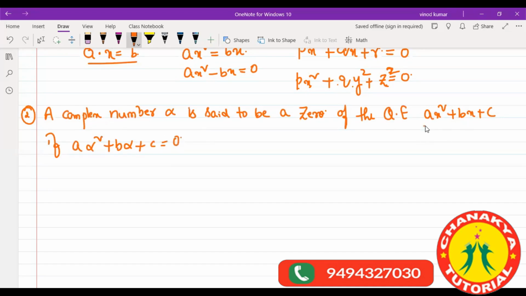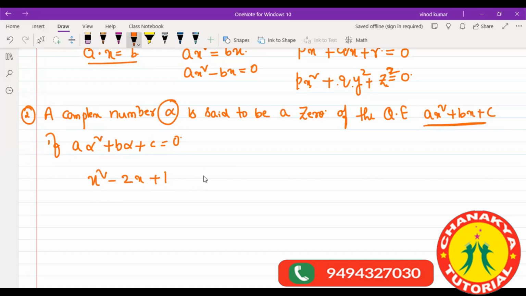When we say zero, it means whatever value we put in place of x, we get 0. Suppose x square minus 2x plus 1 is a quadratic expression.